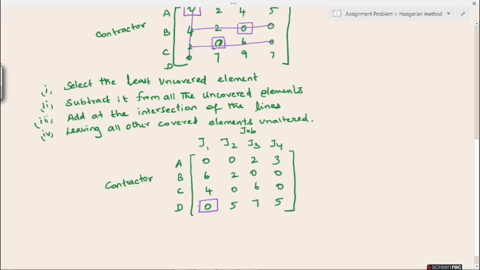If I assign this 0, the corresponding column will get cancelled. Okay. Next, we have to do the column wise checking. In the first column we already have an assignment. So we have to move to the second column. I have 2 zeros, so I have to move to the third column. In the third column I have only 1 zero, right?